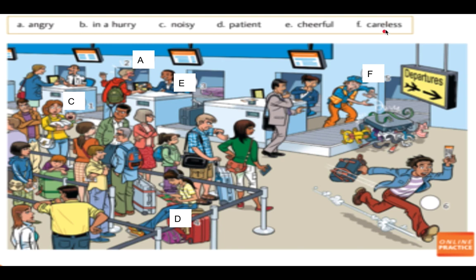So usually you tell people, be careful. Careless is the opposite of careful. So if you're driving, you should drive carefully. But some people, when they are driving, they check their text messages, Kakao Talk. Sometimes they play some phone game when they are driving, or they watch some video. They are careless. So he is careless.